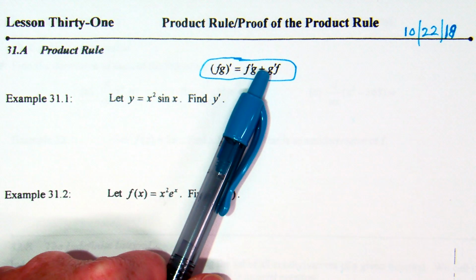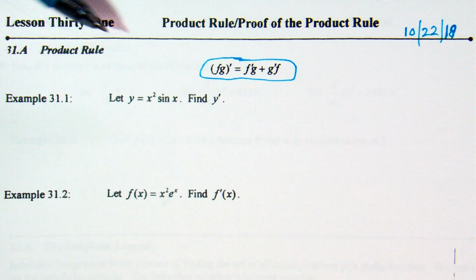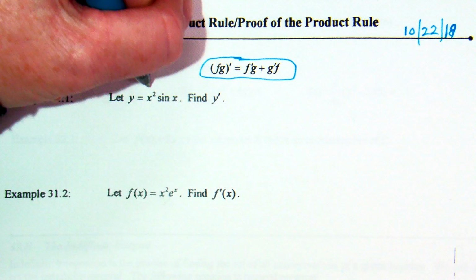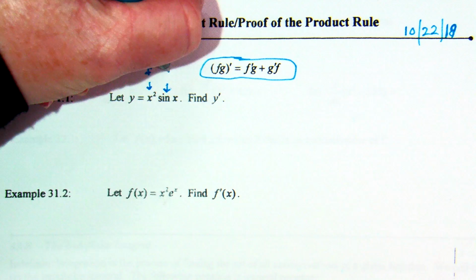Let's put it into play, okay? We already talked about example 1, in that there's an x squared and a sine x, yes? There's 2 pieces. So what I'm going to ask us to do is to think of one of these as f, and think of the other one as g.